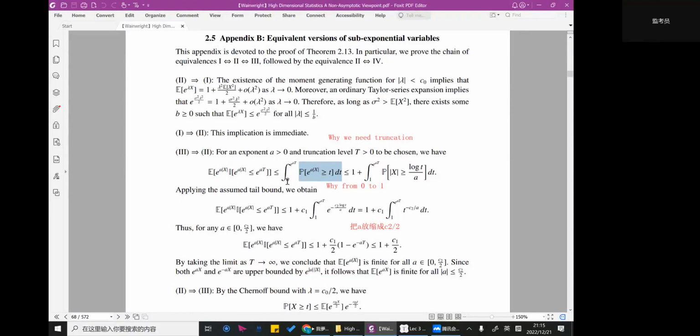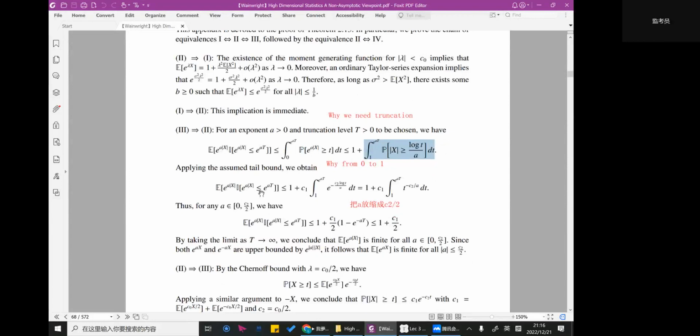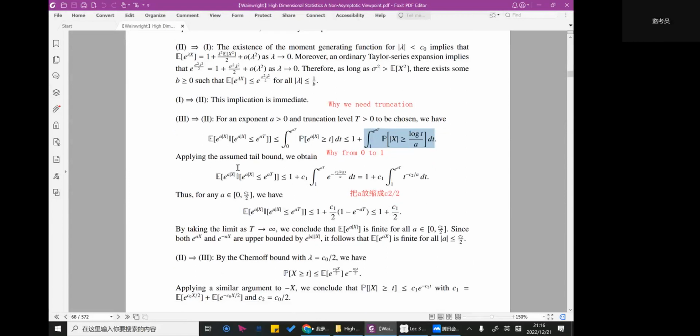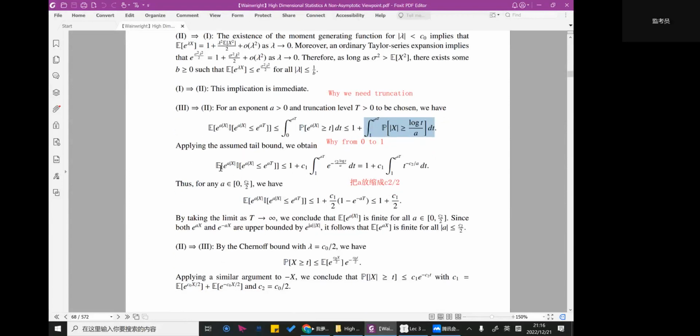Then we split this integral from 0 to 1 and from 1 to e to the a t. So the integral from 0 to 1 is less than 1 because the probability must be no larger than 1. And here is an equivalent transformation from this to this. So applying the tail bound, we obtain the final result here.